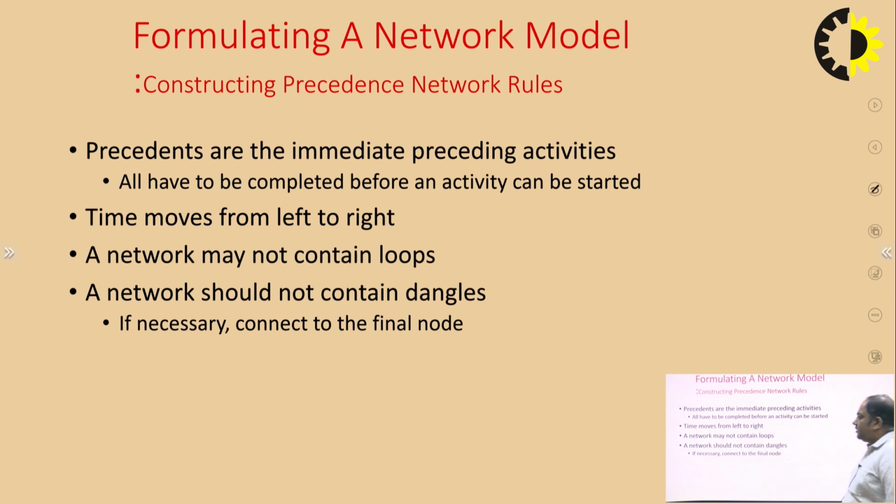A network may not contain loops. We say a network may not contain loops because if we see any loop in the network, then it will represent an error. A network should not contain tangles. Tangles means, in Hindi we can say, like a swing, or something tangled. So a network should not contain any tangles.